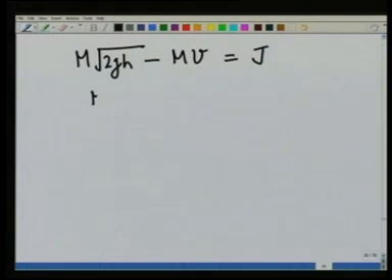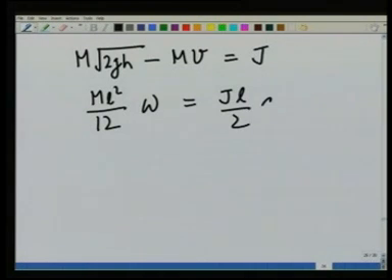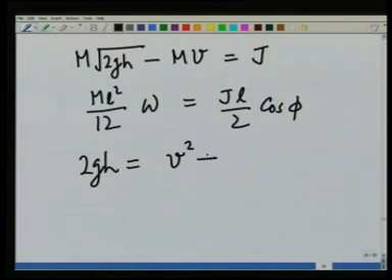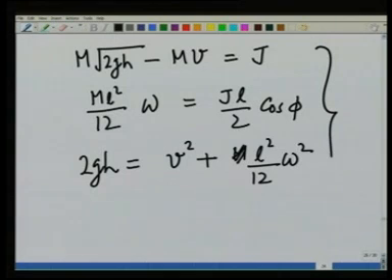Then I have m L square over 12 omega equals j L over 2 cosine of phi, and the third equation I have is 2 g h is equal to v square plus L square over 12 omega square. Substituting things properly, I can get my answers from this, and this I will leave as an exercise for you to solve.